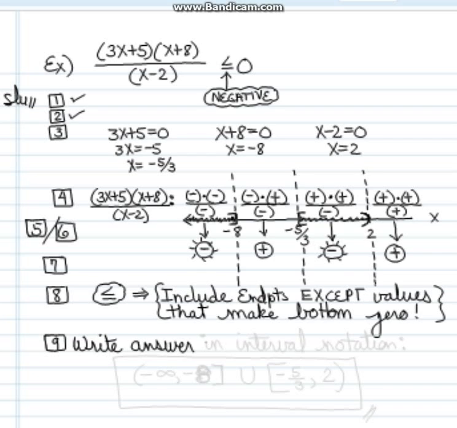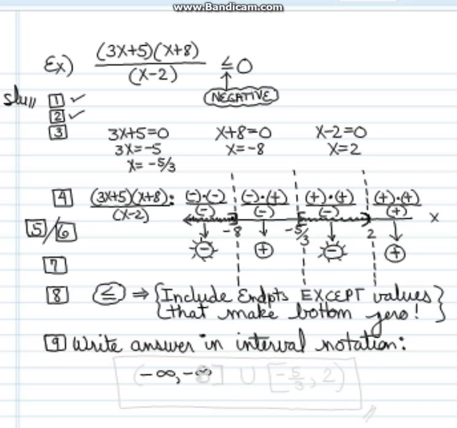And we'll do it in interval notation. And that will be the values of x that make the inequality true that was given to us: x values from negative infinity all the way to negative 8.